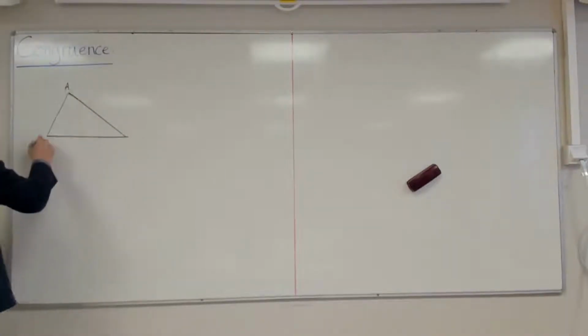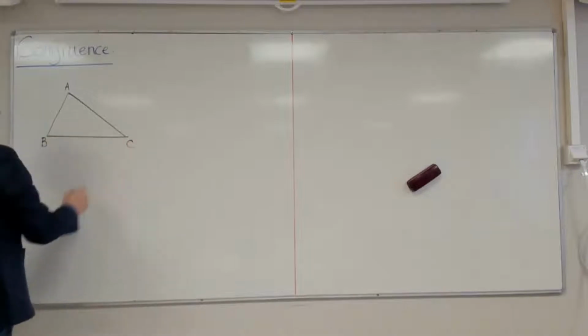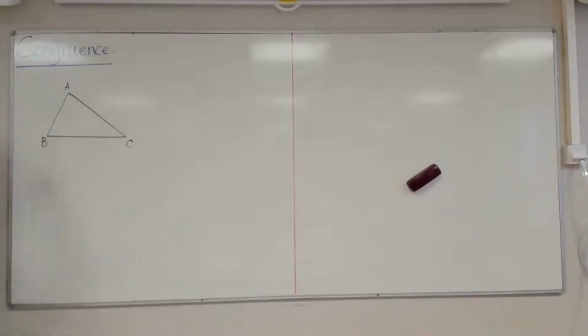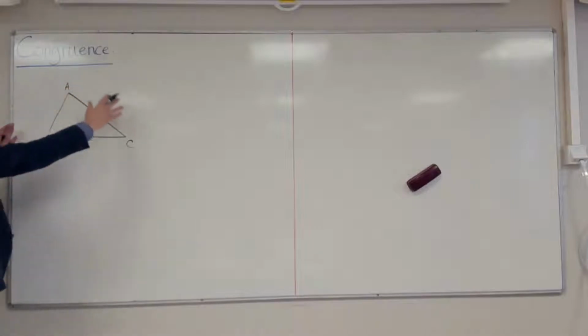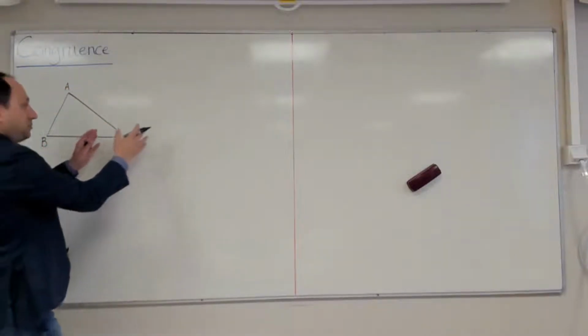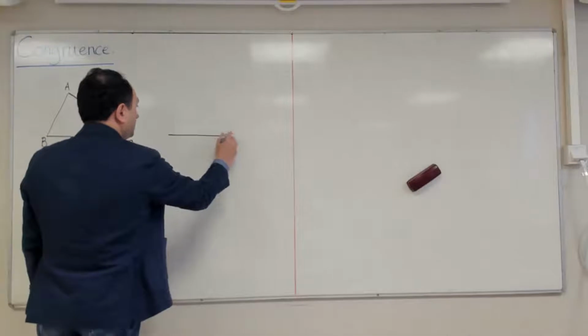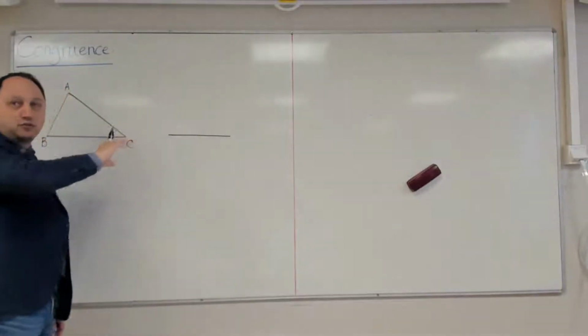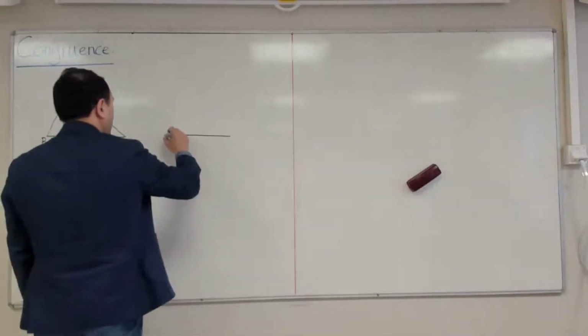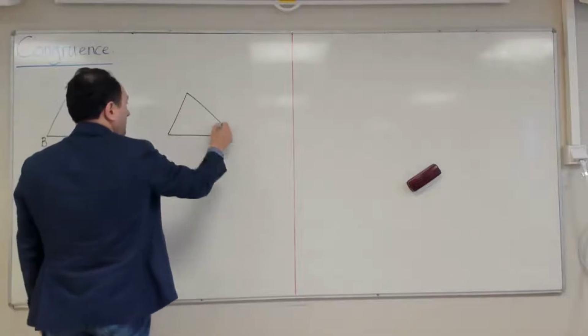So A, B, C. Assume that this is your triangle. If I want a triangle which is congruent to this triangle, it means that I need to be able to copy this exactly and paste it somewhere else. Of course, I can rotate it around. That is no problem. But let us keep it like that. So then this would be another triangle.